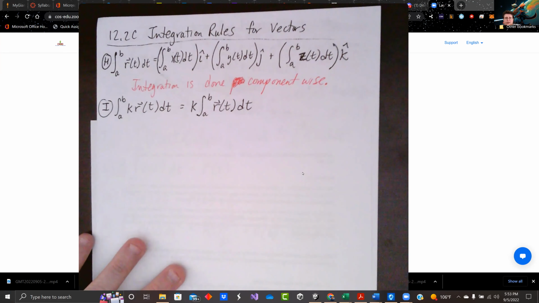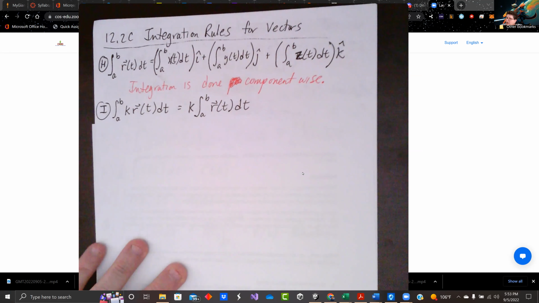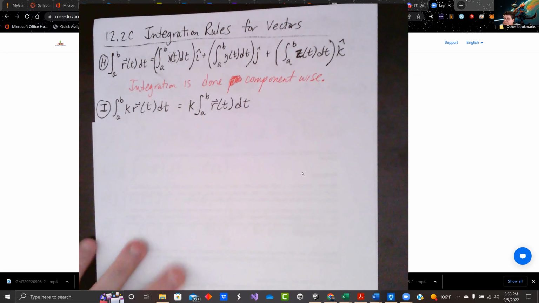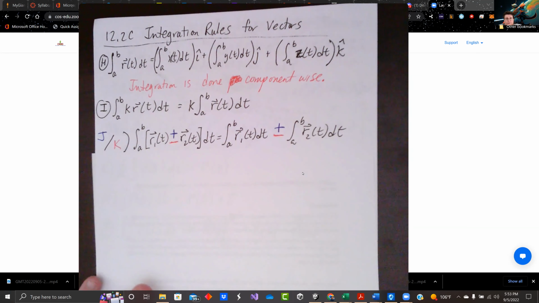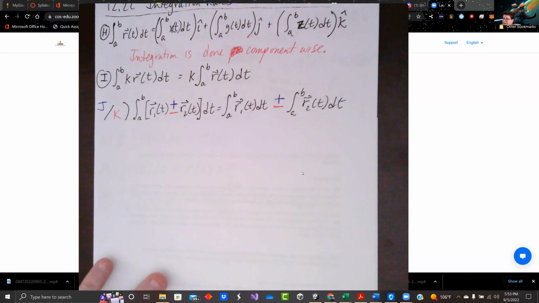If we have a scalar or a constant times the vector function, we can pull the constant out. If we have the integral of two different functions, either added or subtracted, we can separate it into two integrals.